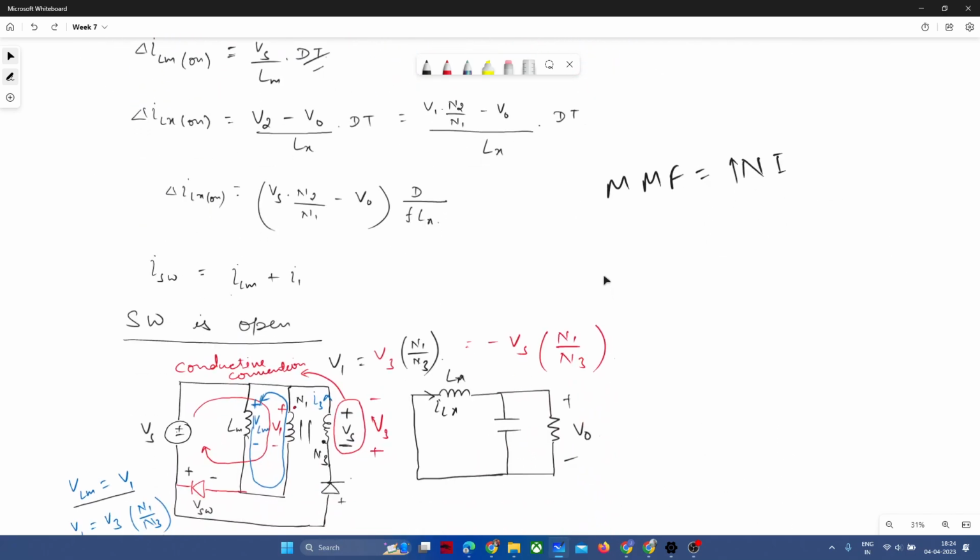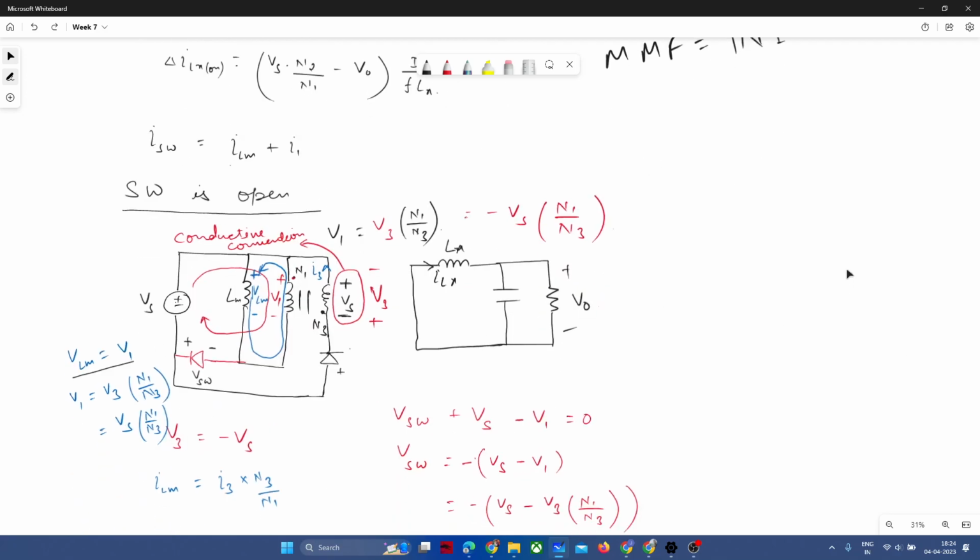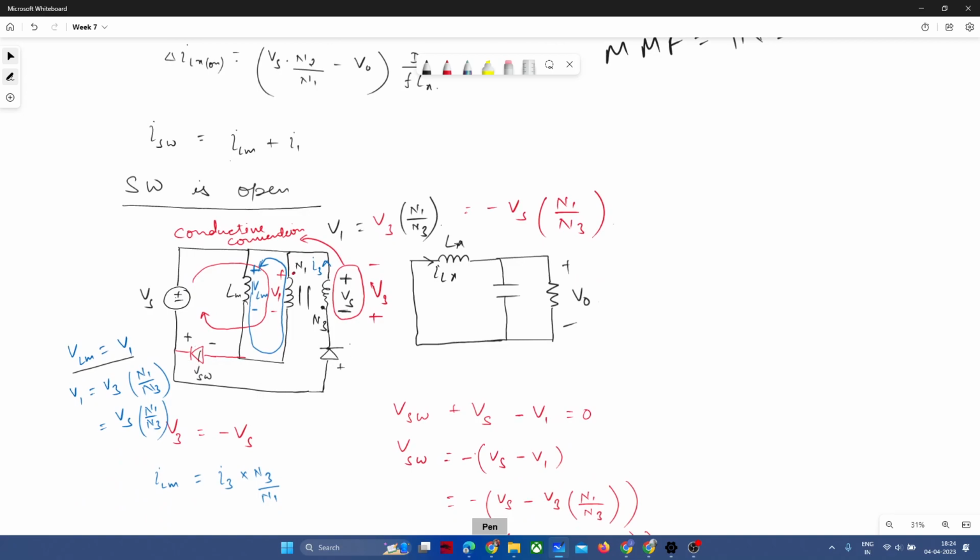So let's see what happens when the switch is open. When we open the switch, now your tertiary winding is connected conductively to the supply, right? And it will induce the same magnitude as the supply voltage Vs. However, its terminal will be reversed.